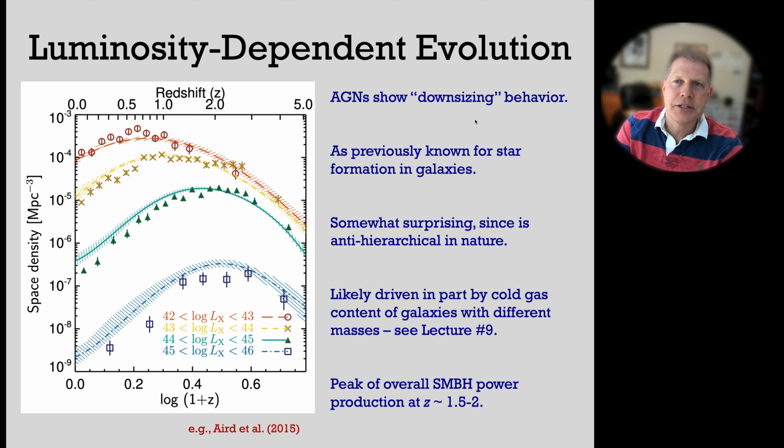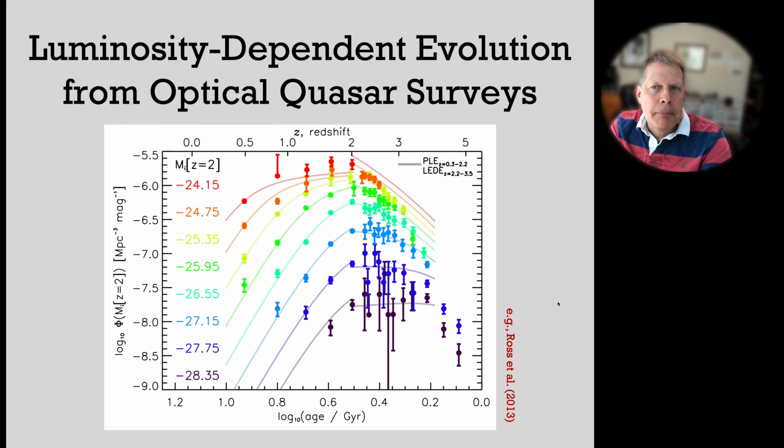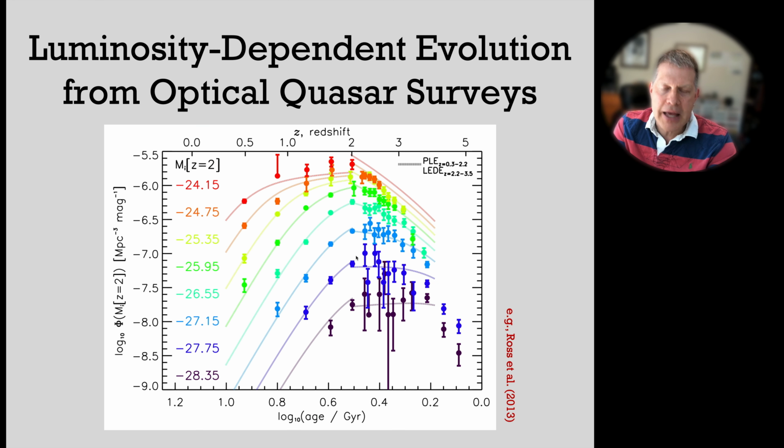Okay, so that's a luminosity-dependent evolution of AGNs, which is a very important result that emerged from, again, X-ray surveys and our ability to probe AGNs down to lower luminosities. I will also mention that you can now see this luminosity-dependent evolution of AGNs from optical quasar surveys as well. Once the X-ray results were out, people at other wavelengths started looking to see if they could see this downsizing behavior in their data sets as well.